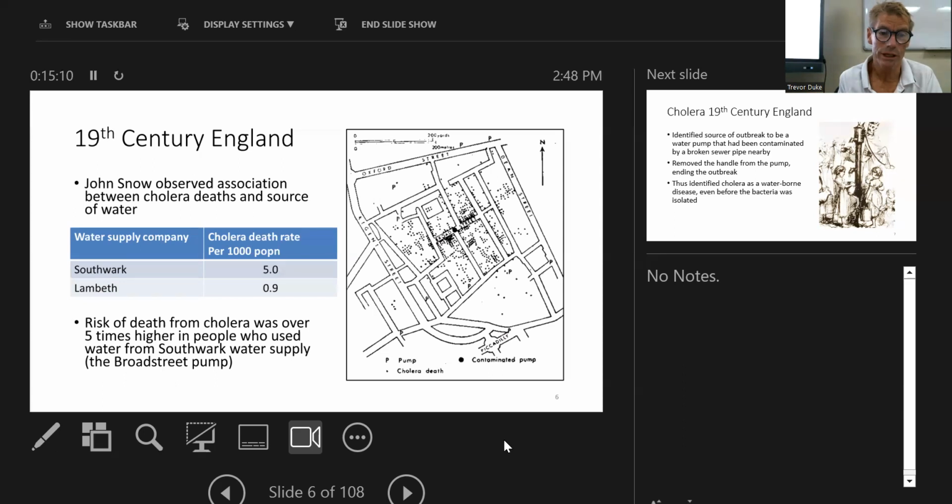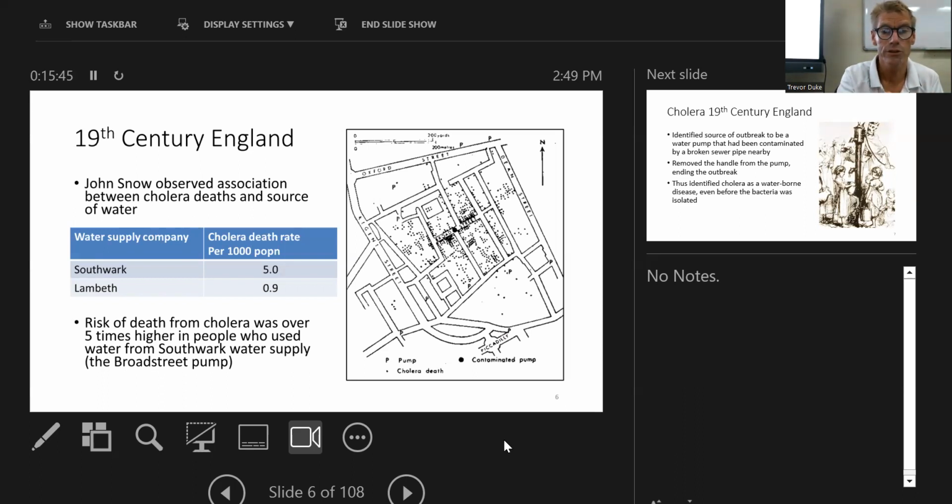But John Snow realized that there were two water supply companies in London. One was called Southwark and the other was Lambeth. They had public pumps in the streets, and they would pump water. The people that lived around the area where the Southwark pump was had almost 6 times the risk of cholera compared to those who lived in the villages where the Lambeth water supply was.